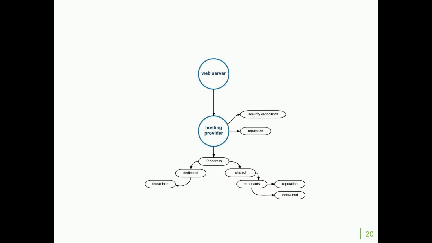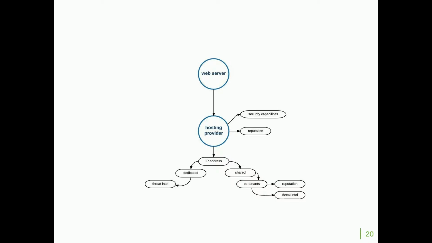So if I just go visit a web server, and that's what that little circle is right there, just from visiting that web server and looking at the information that comes back, I can find out its IP address of where it went to. And from that IP address, I can find out where that system is hosted. I can go look that IP address up, doing a whois lookup. I can also determine if that IP address is dedicated to that system itself, or if it's shared by other websites.